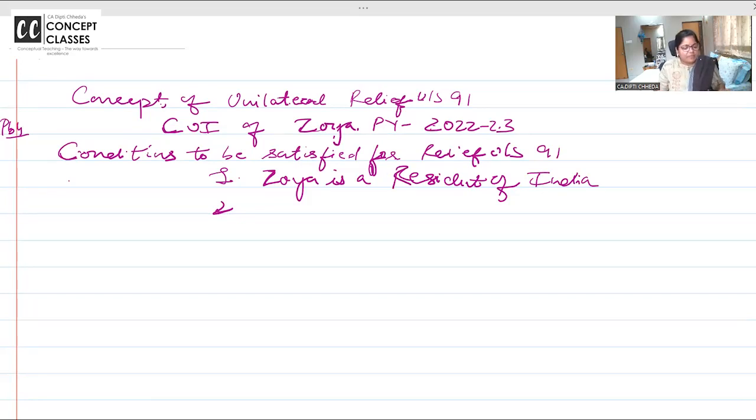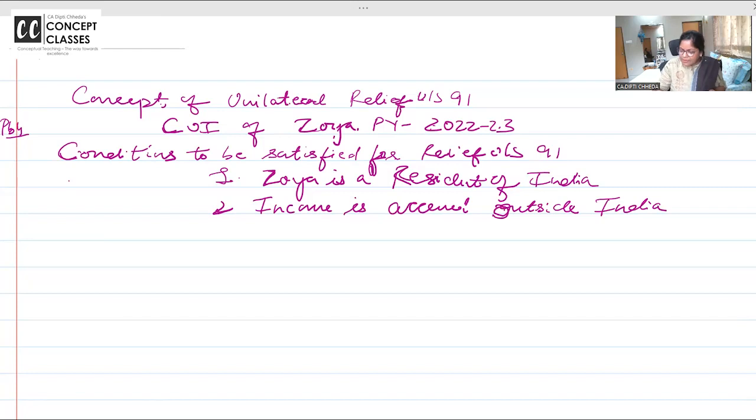Second condition: income is accrued outside India. He has earned some income outside India.